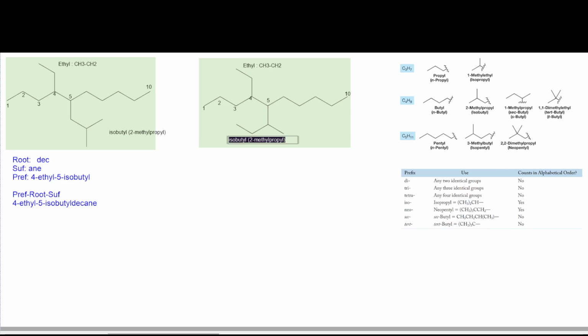As this is not an integral part of the name, it's just indicating that the carbon attached to the main carbon chain is a secondary carbon. That's why it's sec-butyl. And it's a butyl group, a 4-carbon group. Sec-butyl, or you can also name that 1-methylpropyl.